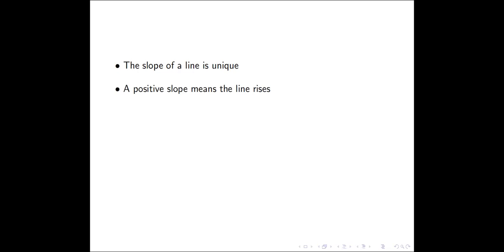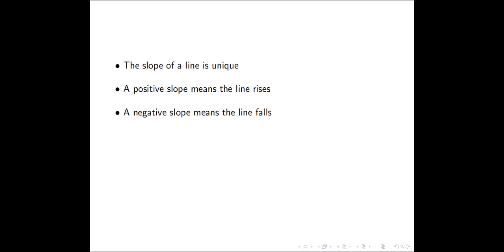Now, the slope can be positive, negative, or zero in value. Now, a positive slope, of course, would mean that the line, as you read the graph from left to right, would be rising. And a negative slope would mean the line would be falling.